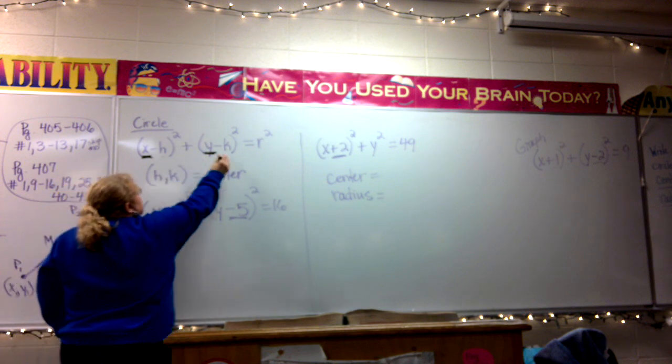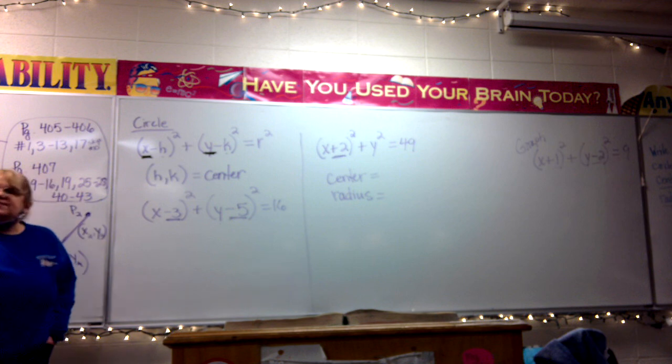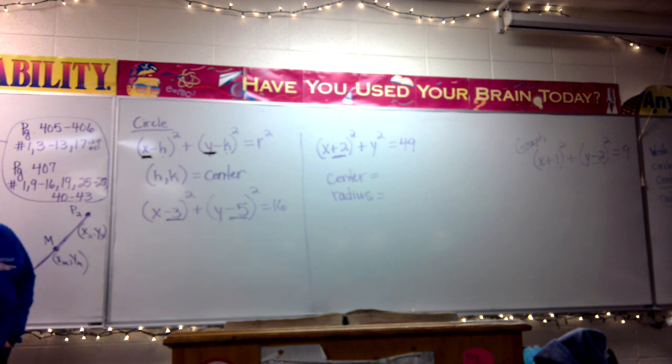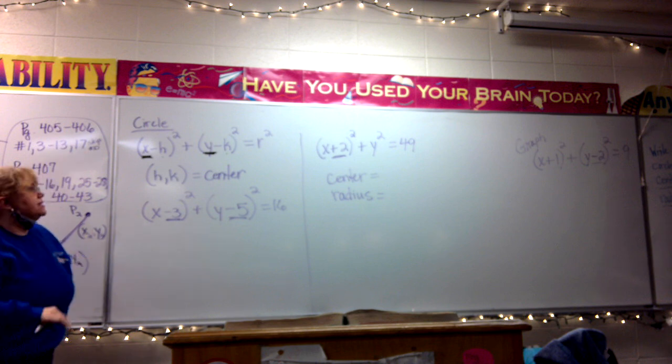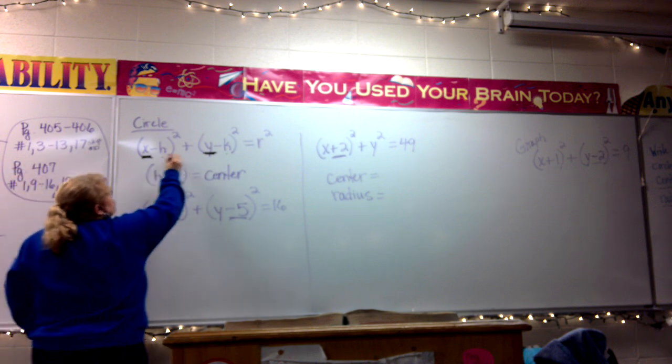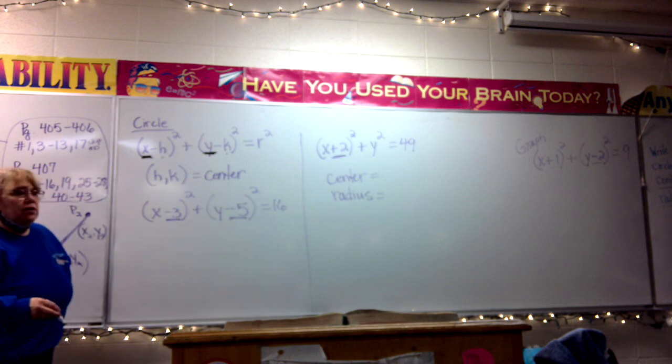The h and the k here represent the coordinates of the center of the circle. The circle can be centered anywhere on the coordinate system. So h and k represent the center of the circle.